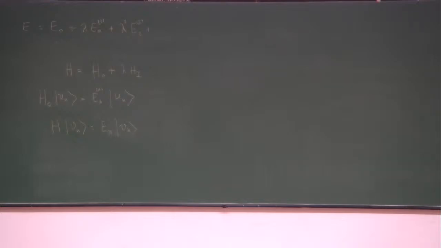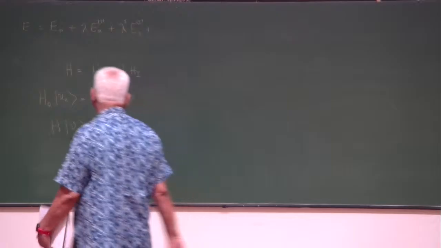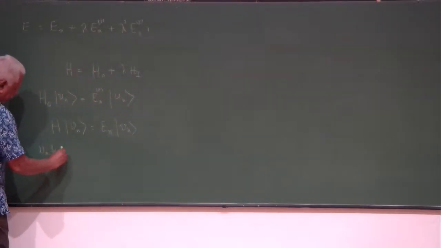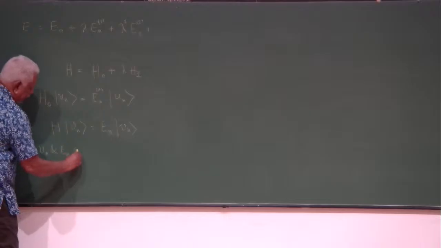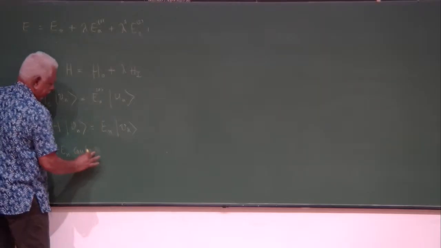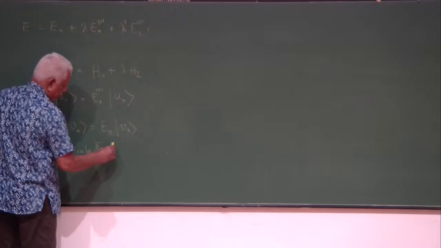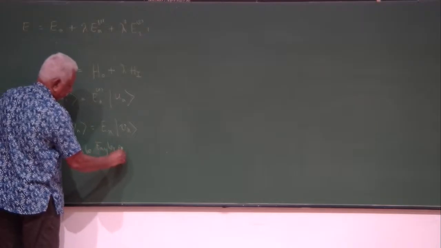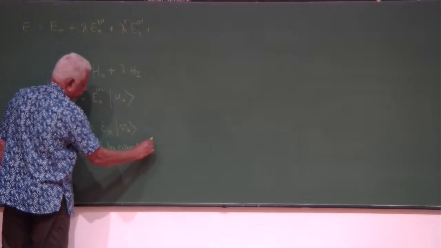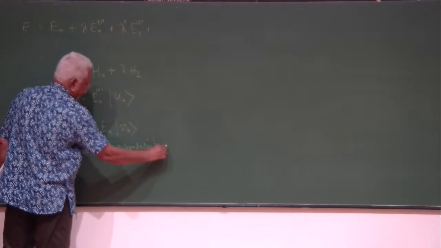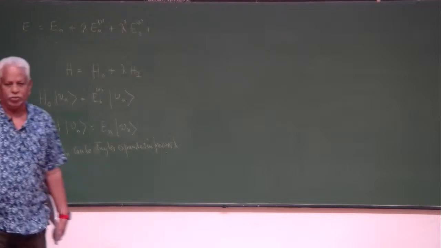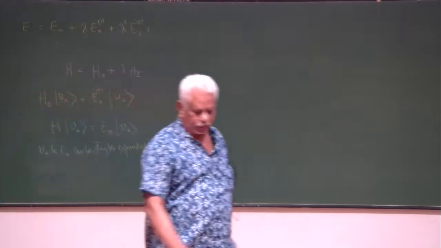So we expect that Vn and En can be Taylor expanded in powers of lambda. That's the first assumption we are going to make.